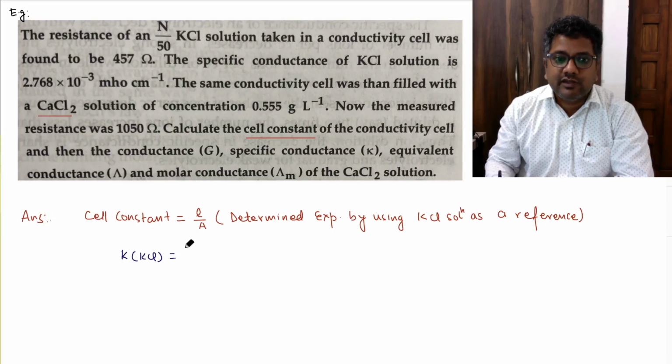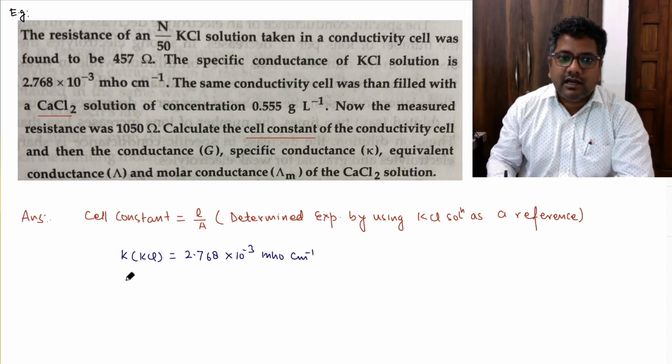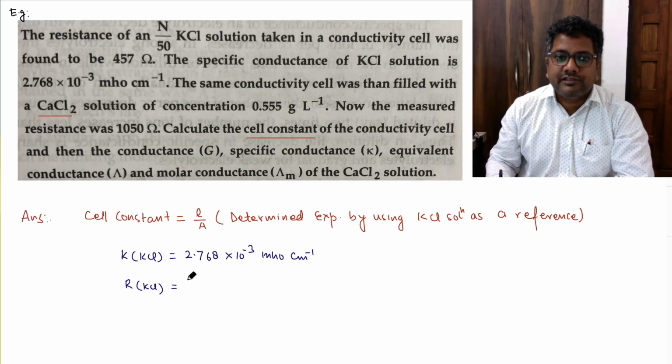This is 2.768 into 10 power minus 3 mho centimeter inverse. And R for the KCl solution is given, 457.